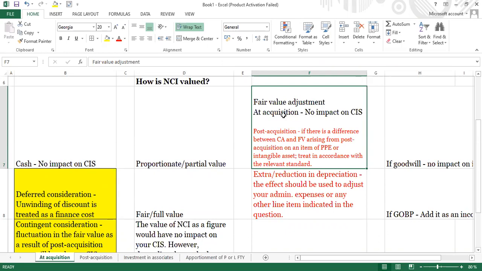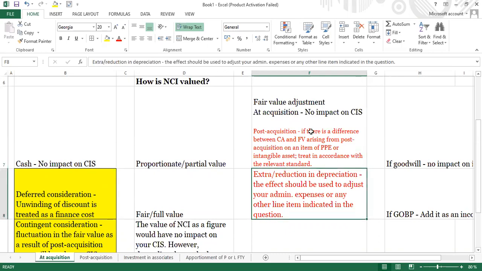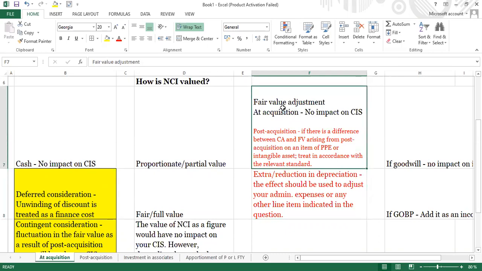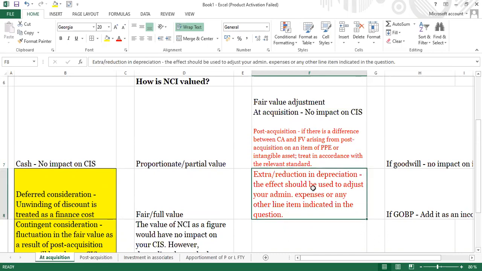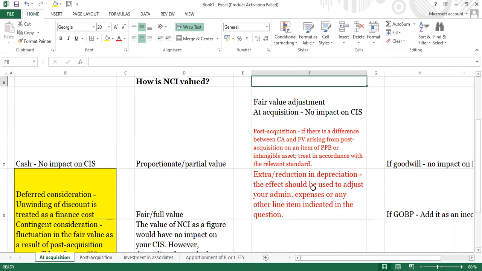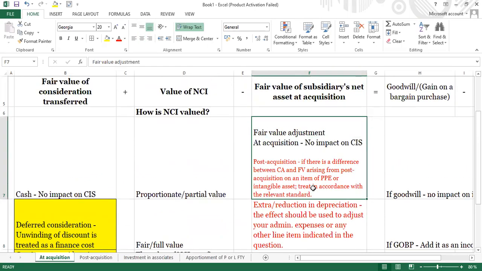So if you do a fair value adjustment that creates an increase, then you have an extra depreciation. If you do a downward fair value adjustment, then you have a reduction in depreciation. That's how it works. Don't worry, this will still be illustrated in the question.